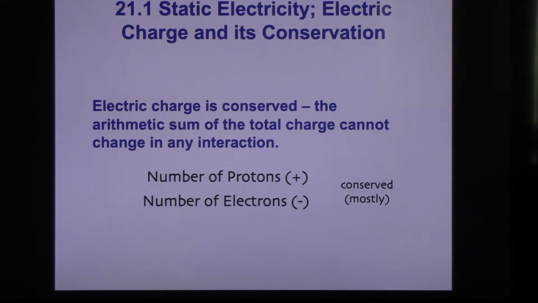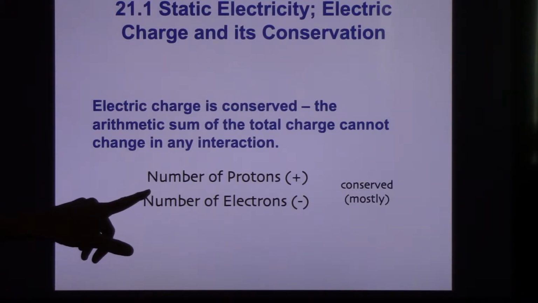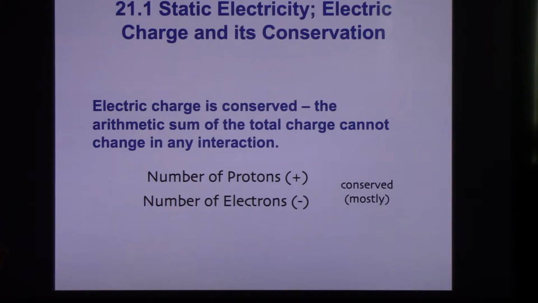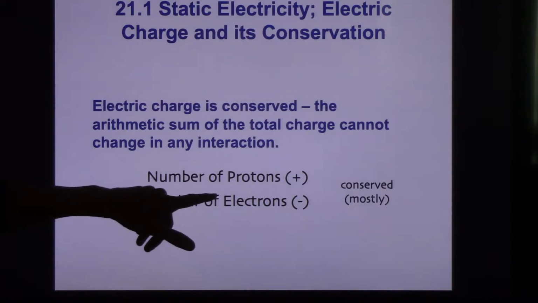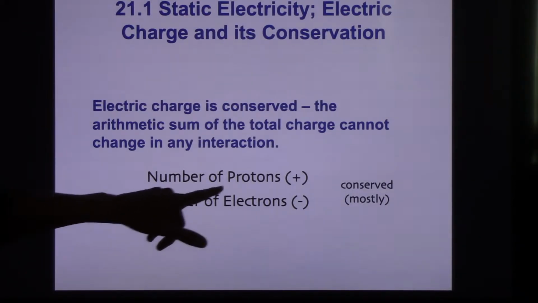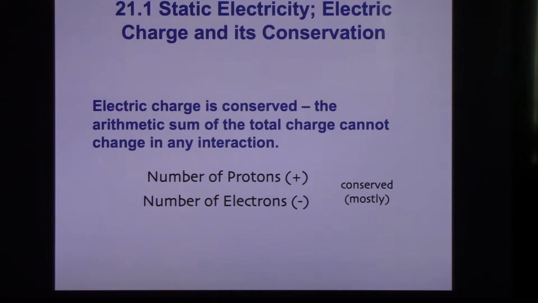So here we're saying that electric charge is conserved, and so we can actually trace that principle down to the fact that the number of protons and the number of electrons are conserved mostly. When we get into physics 4C, we'll see some reactions where actually protons and electrons aren't conserved. Protons can be turned into neutrons. That's kind of interesting. Electrons can be turned into what we call neutrinos.